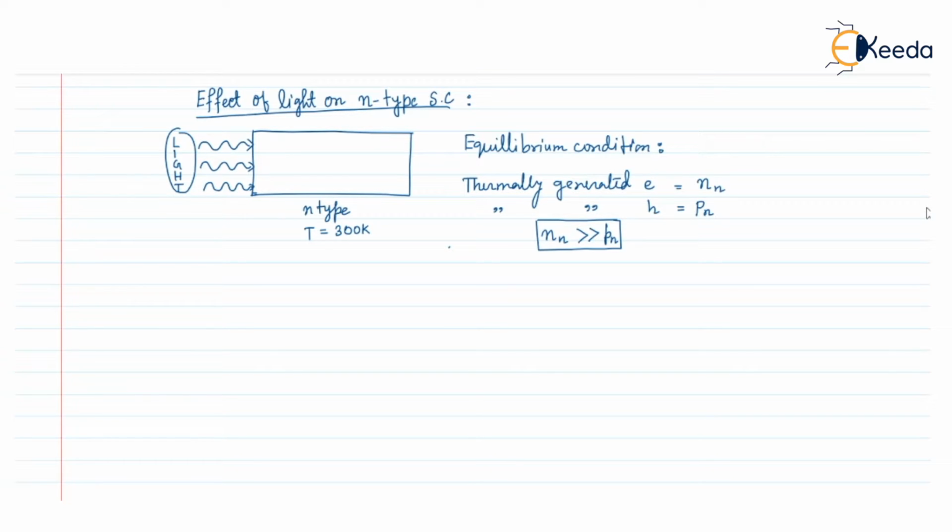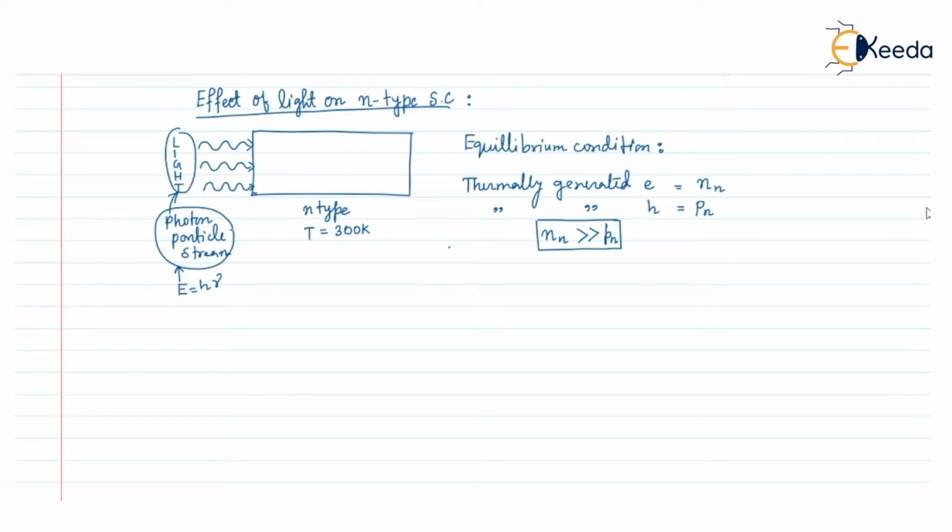Now, as we know, this light is nothing but a photon particle stream, and each photon will have energy E equals h nu. So we can think that photon particles are streaming and incident on this semiconductor.